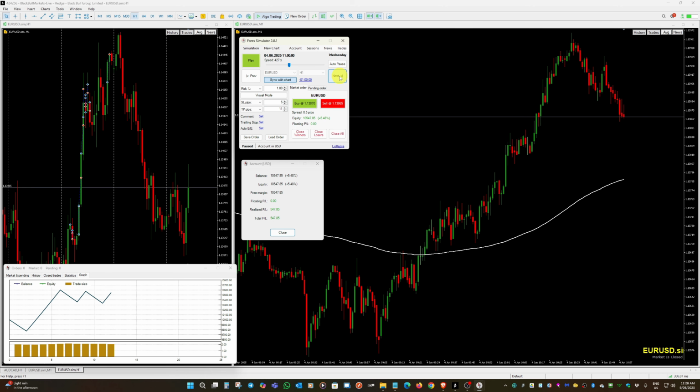Not sure if we're going long or short at the moment. We are still above the 200 moving average on the 1 hour chart, so let's look for longs.